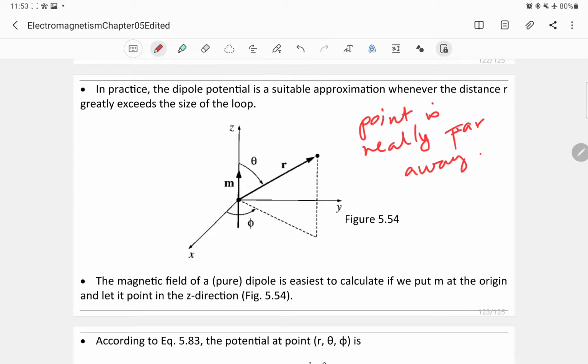And the magnetic field of a pure dipole is easiest to calculate if we put vector m at the origin and let it point in the z direction. So our magnetic moment points in the z direction, and point r is here.